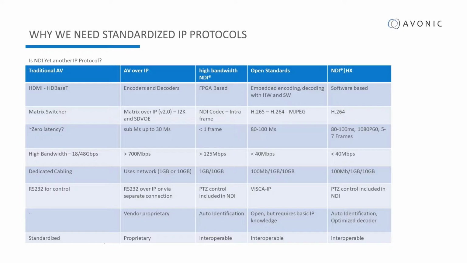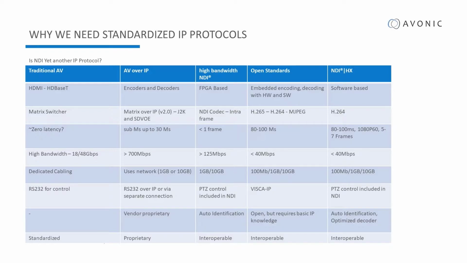From a latency perspective, I already mentioned that with traditional AV we have zero latency, though there are still HDMI cables and devices that cause some latency. AV over IP technology, so SDVoE and J2K or JPEG 2000, typically has sub-millisecond delays up to about 30 milliseconds. But the bandwidth is still very high.